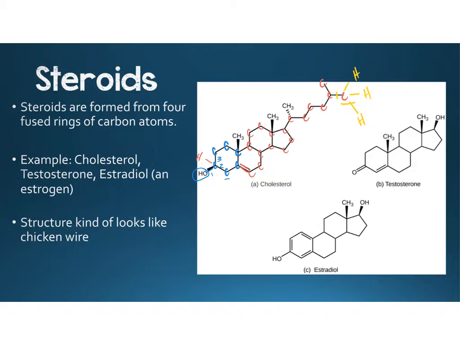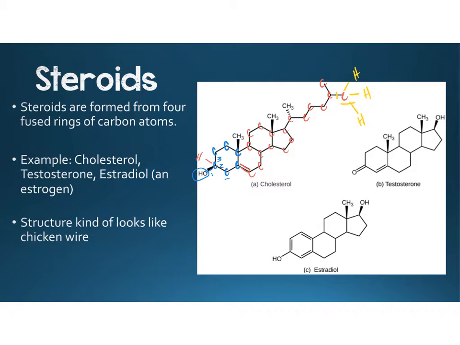So these are steroids, and they kind of look like chicken wire if you're aware of what chicken wire looks like. But it's important that you recognize these structures. You don't have to memorize the structures. I'm not going to ask you on the test, draw me cholesterol. But it is feasible that I might have a fatty acid and a phospholipid and a steroid, and I could say, which one of these molecules is a steroid, and you need to be able to recognize that it's the one with the 4 fused rings of carbon.